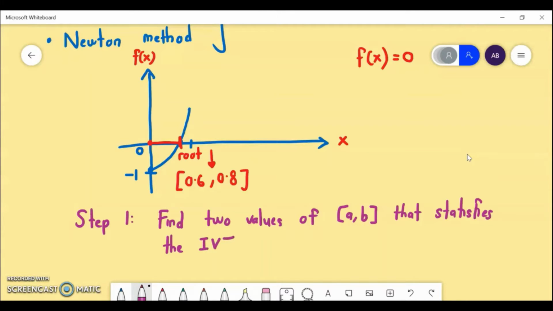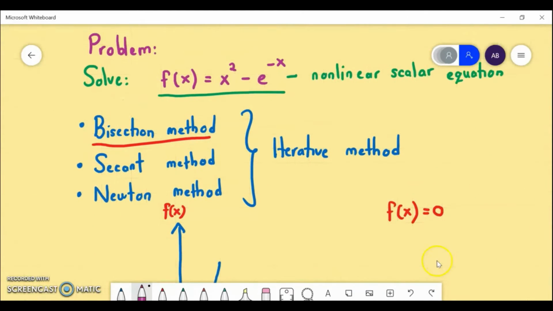In this case, the interval that we want to consider is 0, 1.